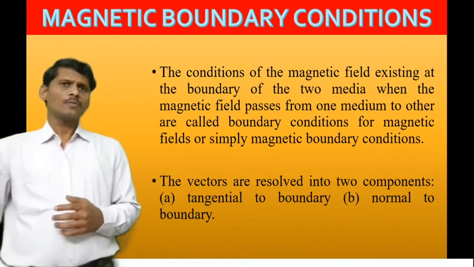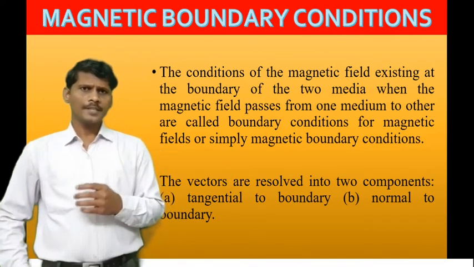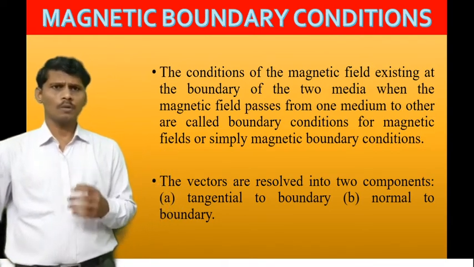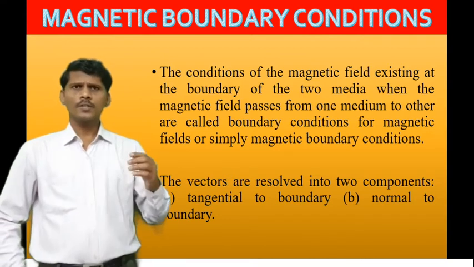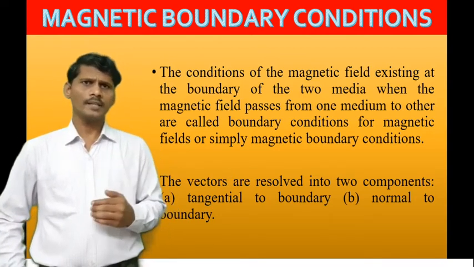The vector form of the magnetic field intensity can be resolved into two components: tangential to the boundary and normal to the boundary.